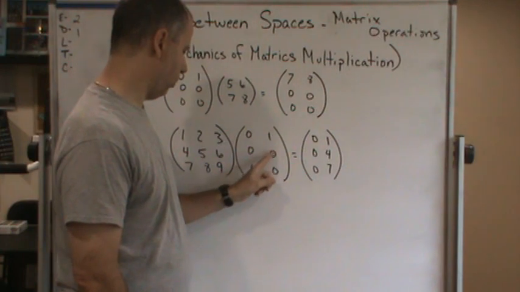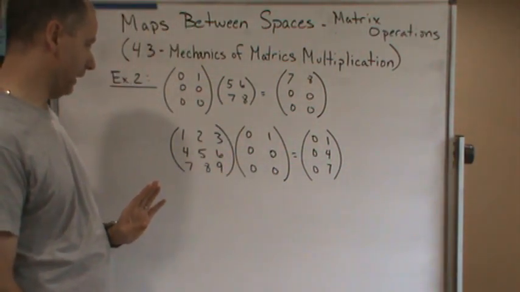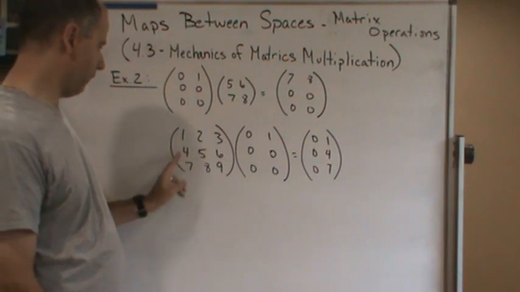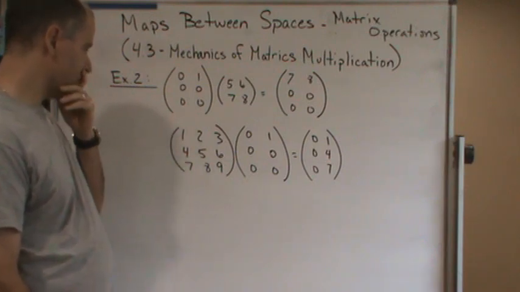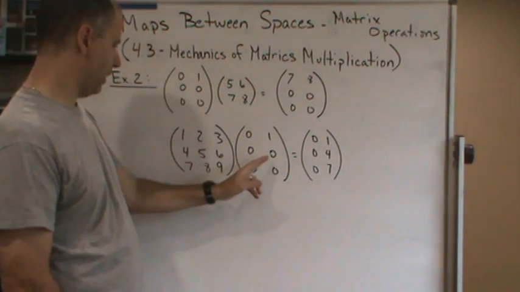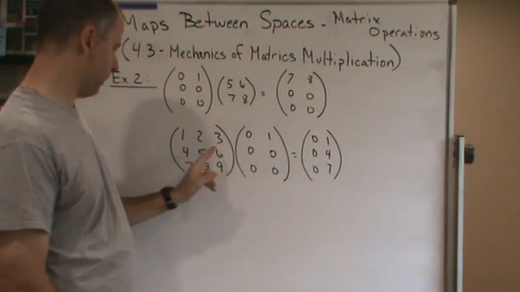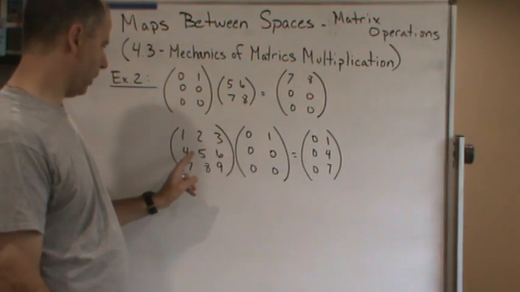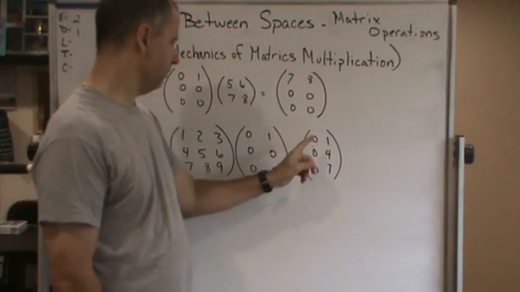Well, what if the 1 is here? Now what's being repeated? Not the 1, 4, 5. Let's just go through the process.